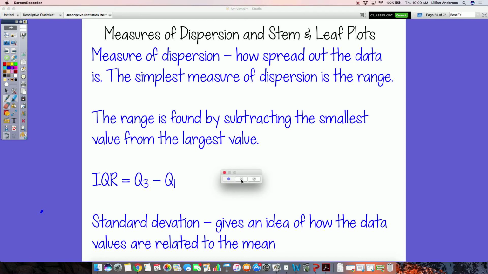Now, there is a by-hand way to find the standard deviation, but that's for our statistical applications unit, which we're going to do after we finish up this unit. But you do need to know how to find it in your calculator, and that's what we're about to do now. If you don't have a calculator, pull it out.